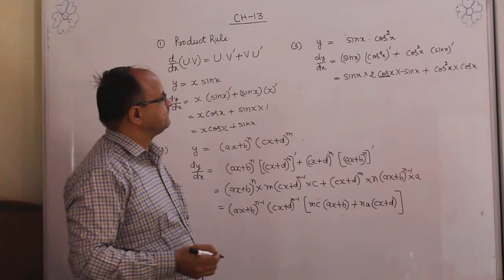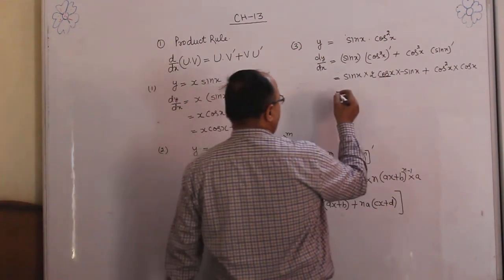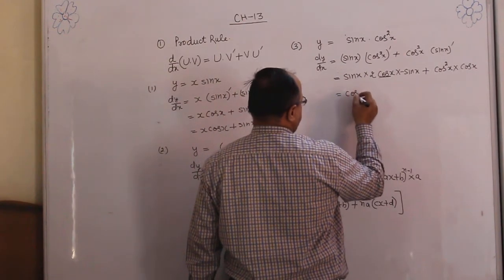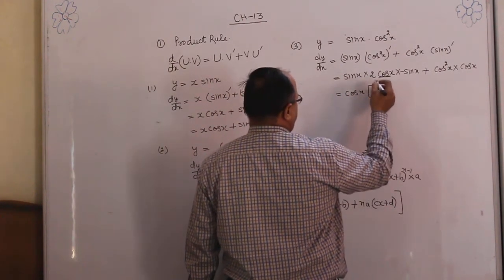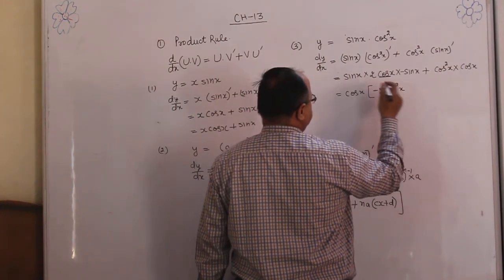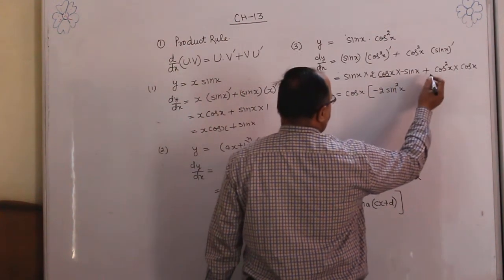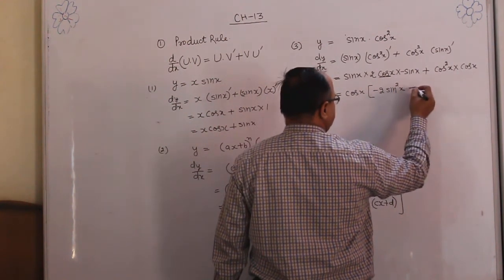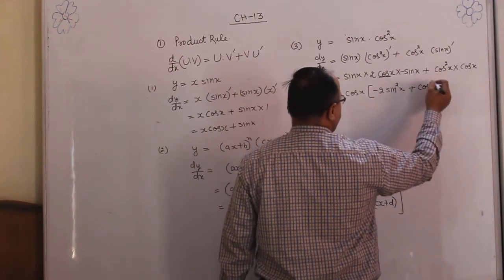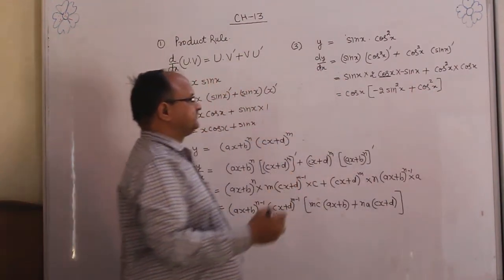Correct? Now you can take common cos x, cos x (minus 2 sin square x plus cos square x). This is the answer. Clear?